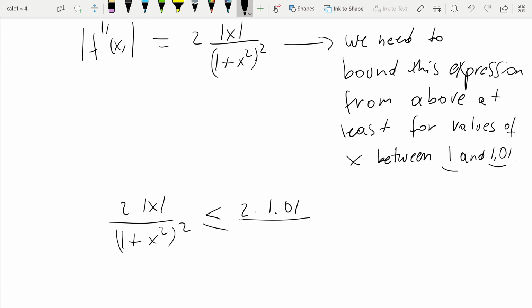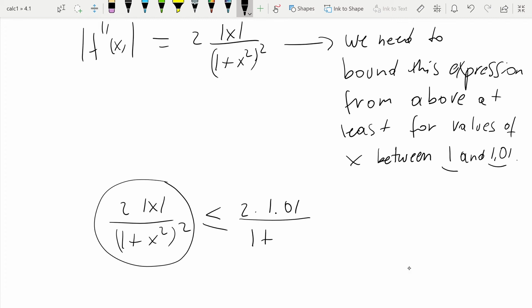Now for the denominator: if we want to bound this expression from above, we want to make the denominator as small as possible, and that happens when x is equal to 1, because the smaller the denominator, the bigger the quantity.